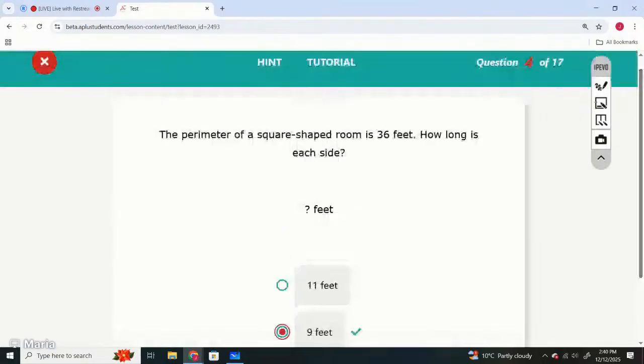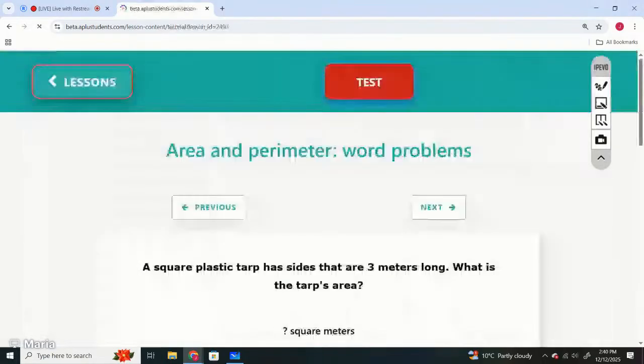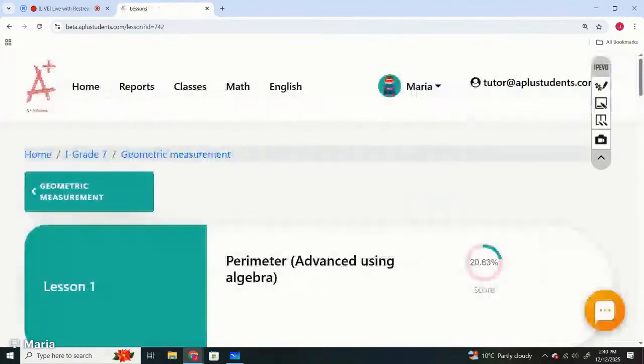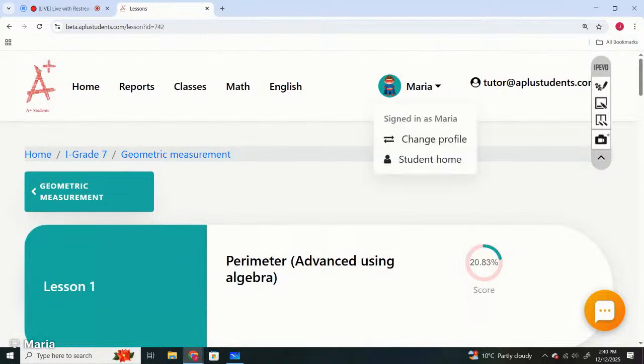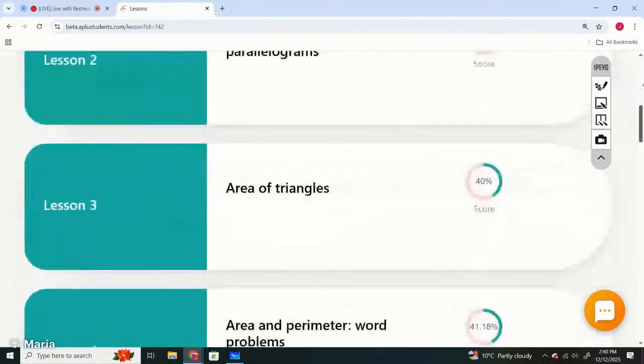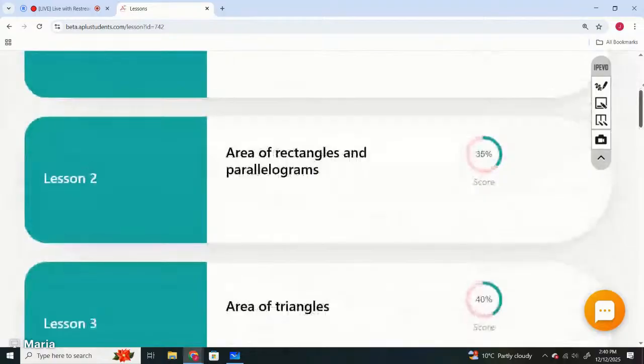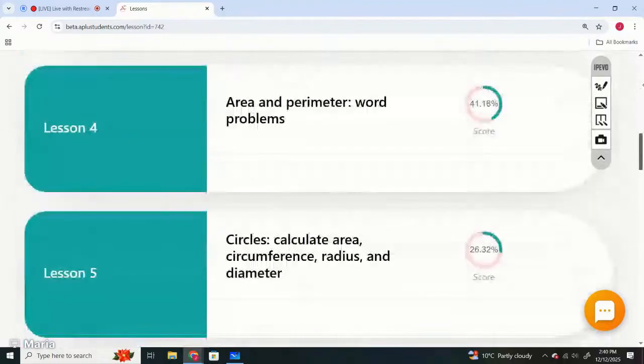Okay, you can complete the lesson by yourself later today. We're working on the grade 7 maths chapter, which is geometric measurements. The lessons we have covered today are perimeter, area of rectangles and parallelograms, area of triangles, and then area and perimeter word problems.